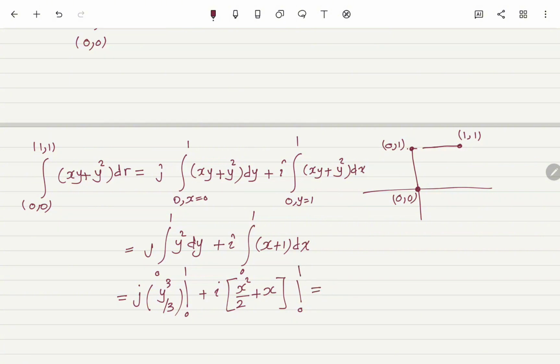In total, it's equal to 1 over 3 j hat plus 3 over 2 i.